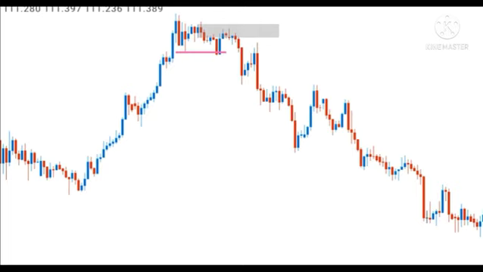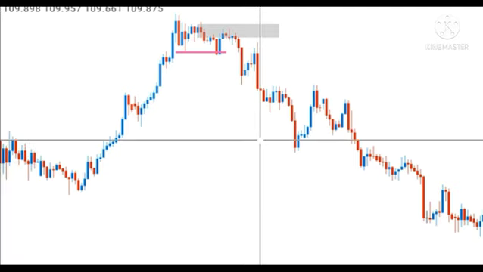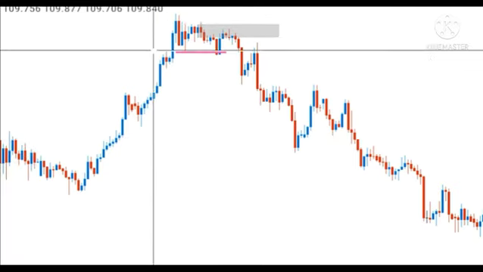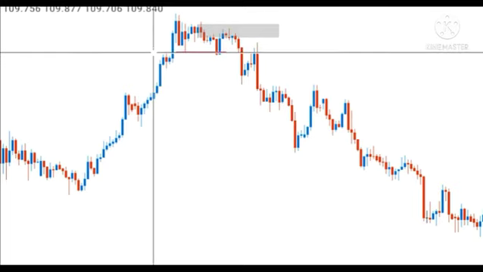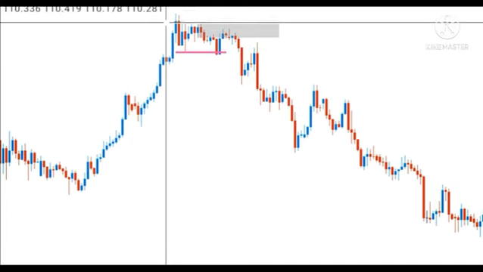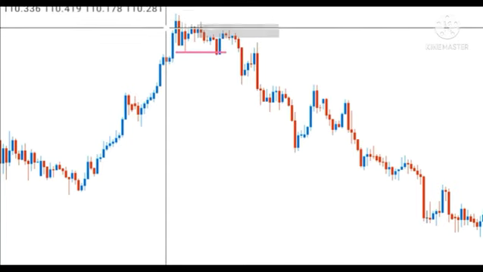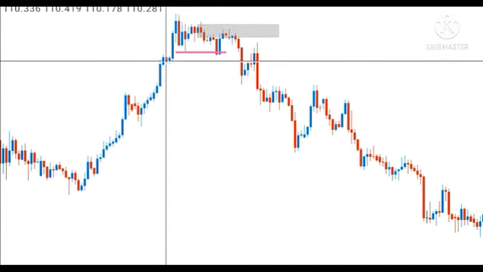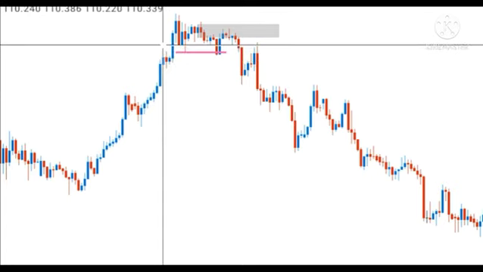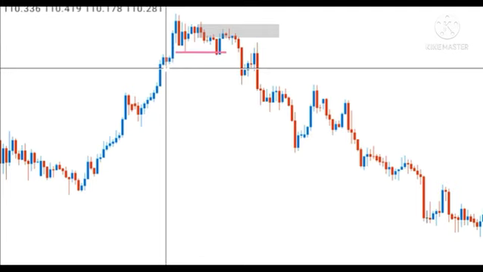This is a shift in market structure. Price rallied to this point and created a higher low, but failed to create a higher high. Instead, it created a lower high, and price went down to break our structure. Look at this red horizontal line. That is our structure break there.